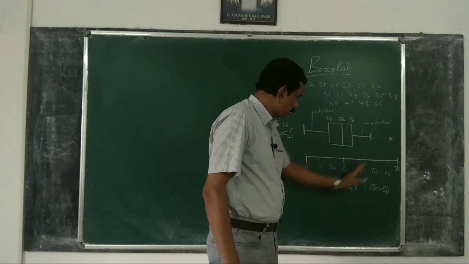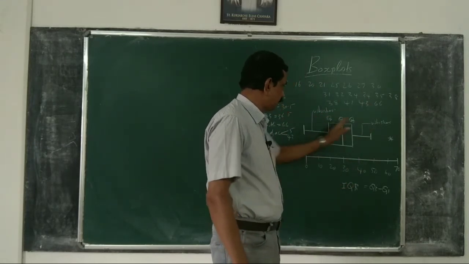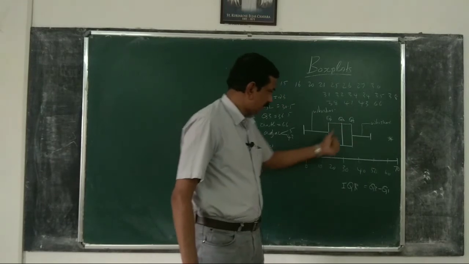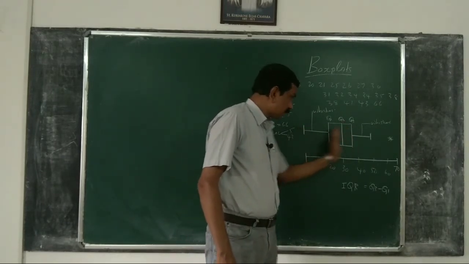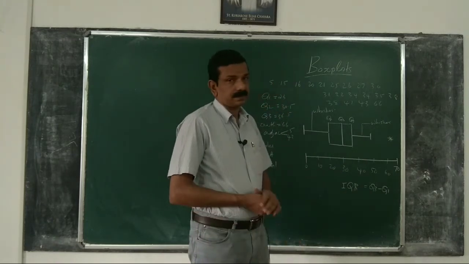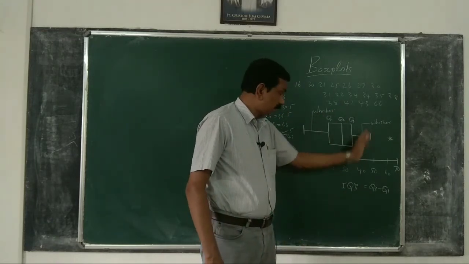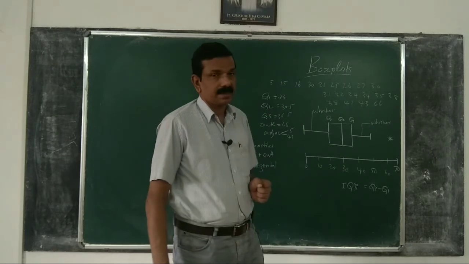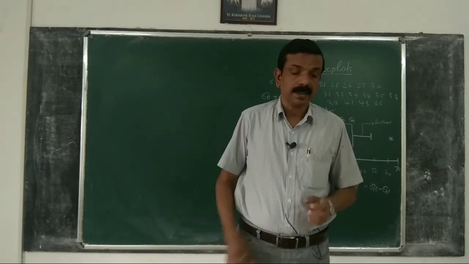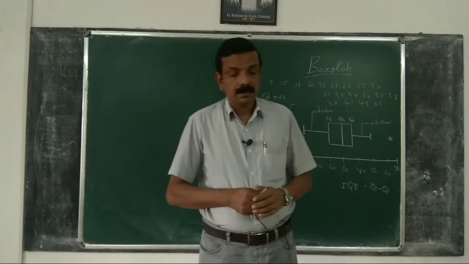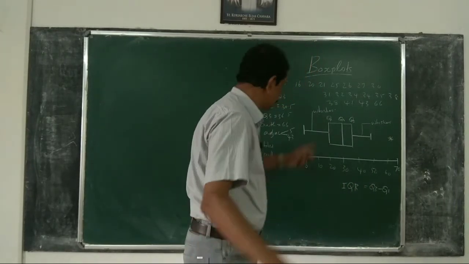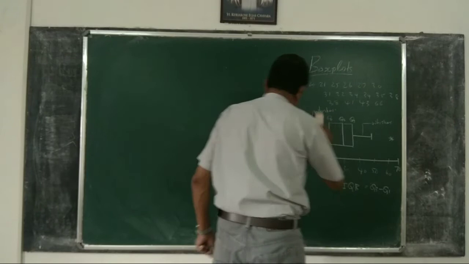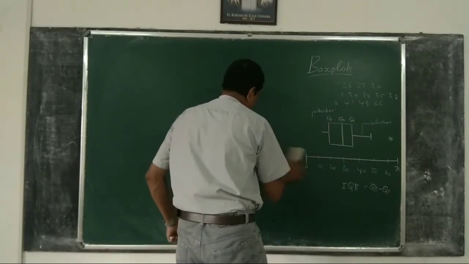So the box plot gives you information about the location, that is the median, and also the extent of the variation. It is one of the most widely used methods to display data. Also, box plots can be used to compare the extent of spreads in two populations.